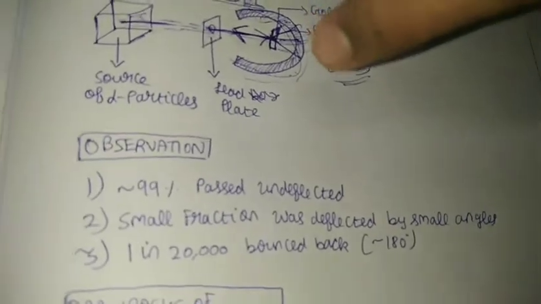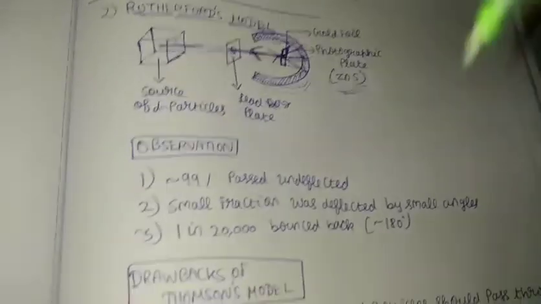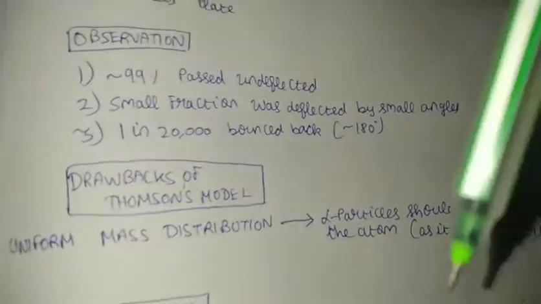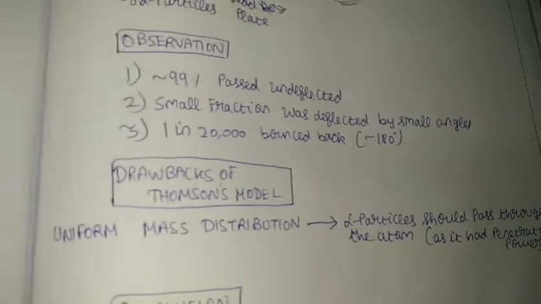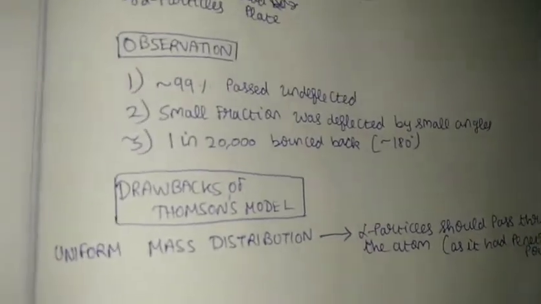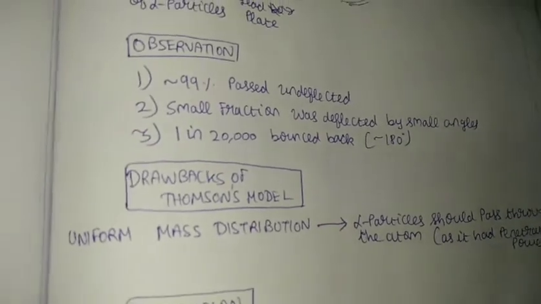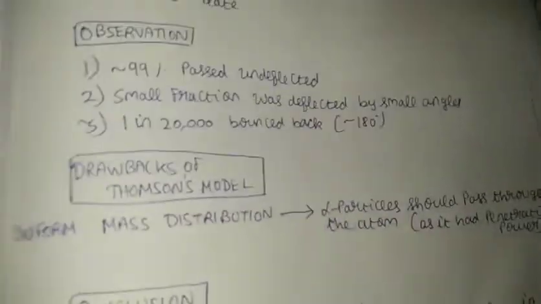Now comes the drawback of Thomson's model, which I did not say earlier, because only here you would understand. He said that a uniform mass distribution of the atom was discovered by him. Alpha rays are radioactive in nature, which means they have high penetrating power. Comparatively, gamma rays have the most penetrating power, that's different, I will say in radioactivity.